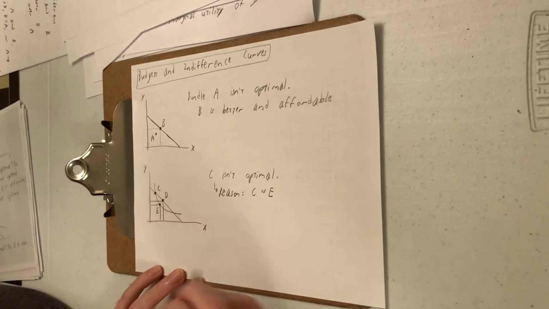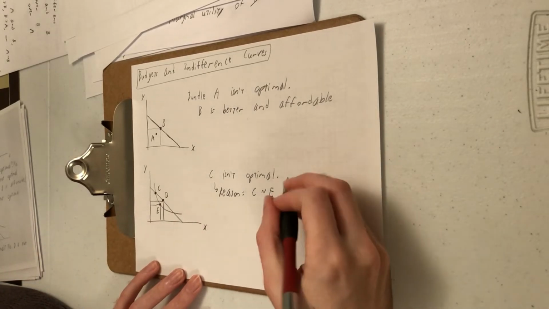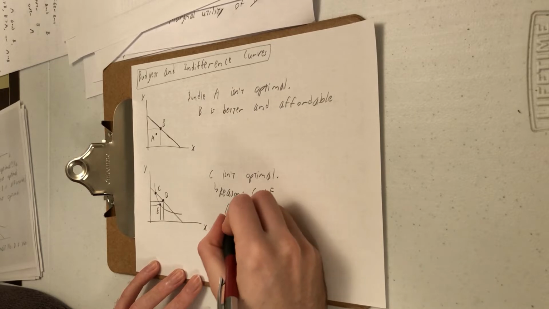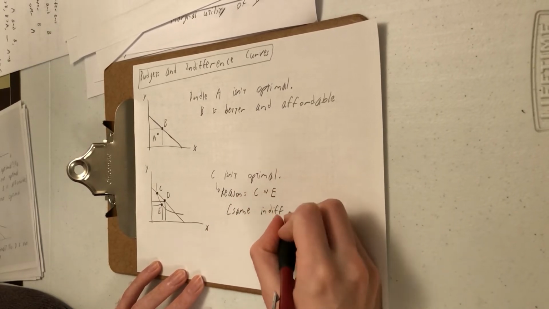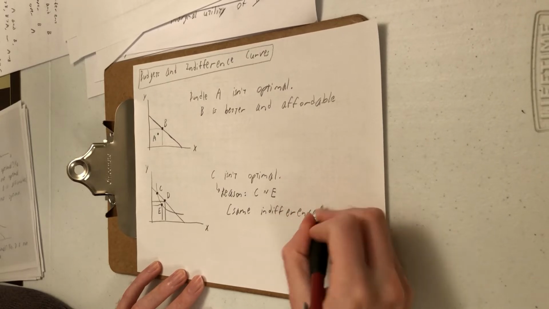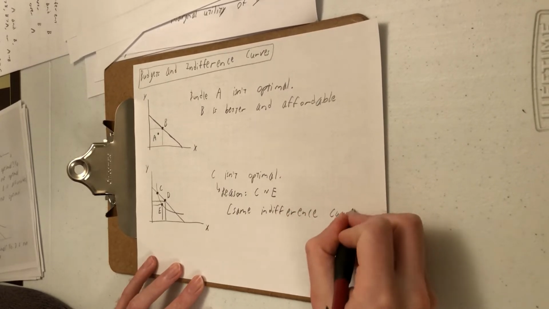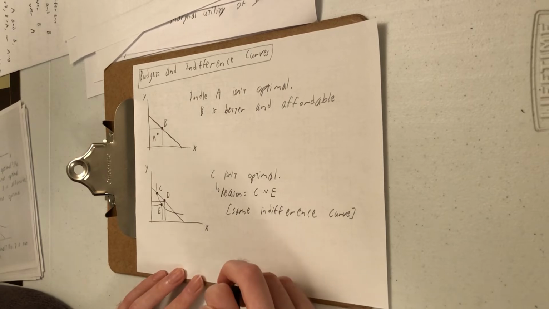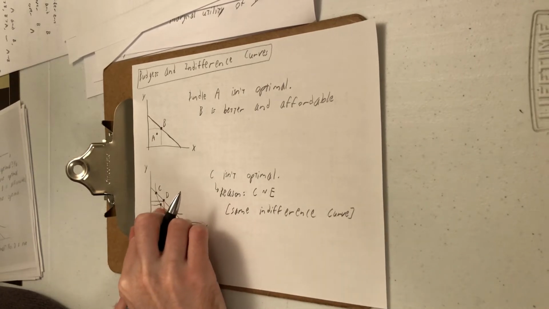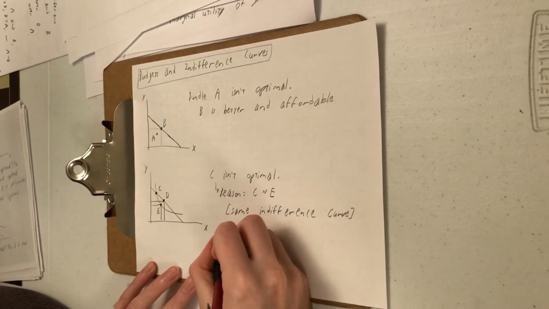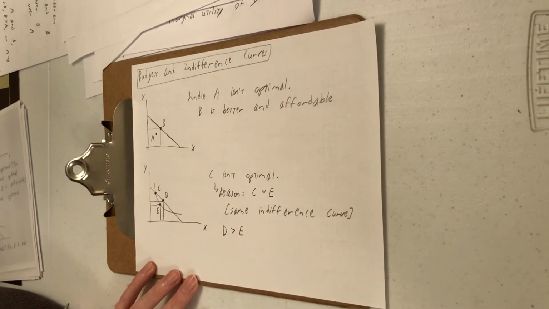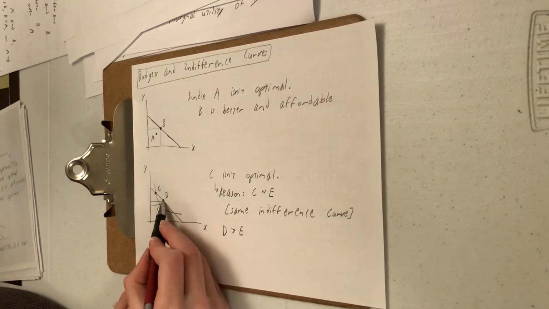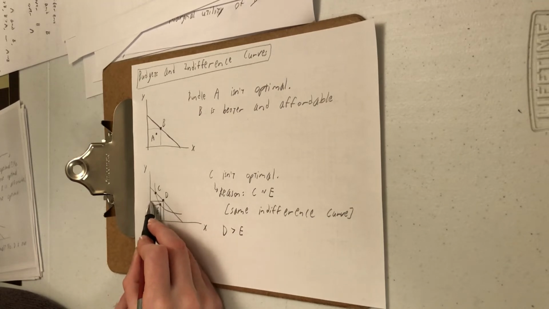So C and E are just as good as each other. We also know that D is better than E. That follows from more is better. D has more X and also more Y.